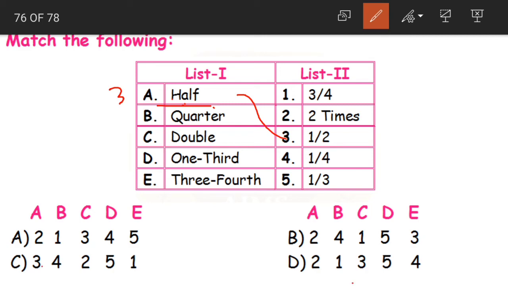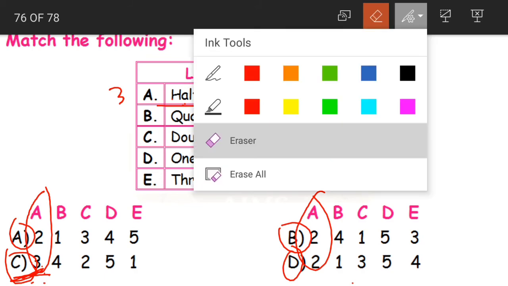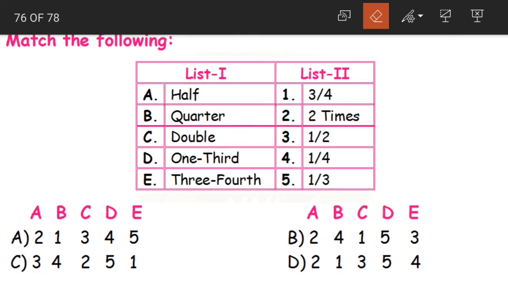Now if you look at the given options A, B, C and D, in those 4, only option C has 3 for A. So we can say directly, even without solving the remaining ones, that C is our correct answer. Okay, half means 1 by 2, A is 3. So only C is having 3 for A. So option C will be our correct answer.